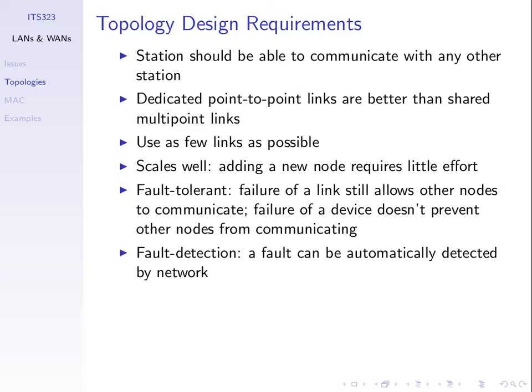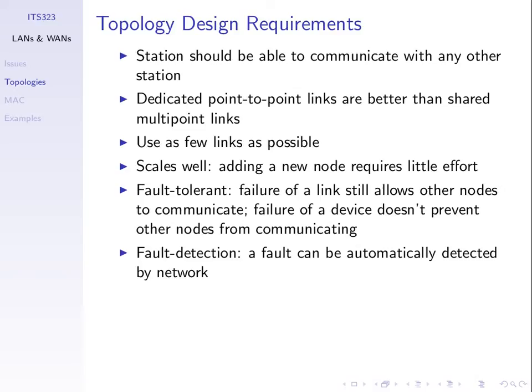You have a link, or you have a network connecting one country to another. If there's a link that fails for some reason, we'd like to be able to automatically detect that and switch over to a backup link. So fault detection is important in some networks.